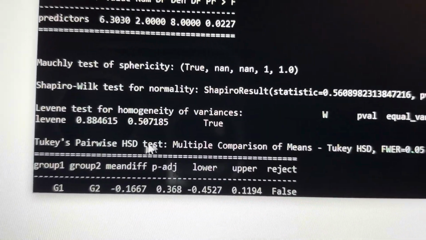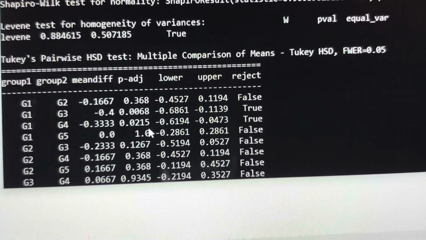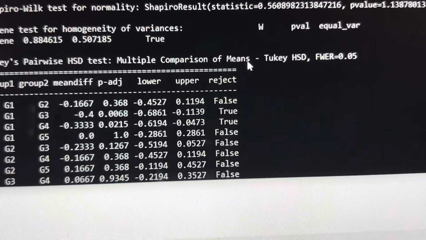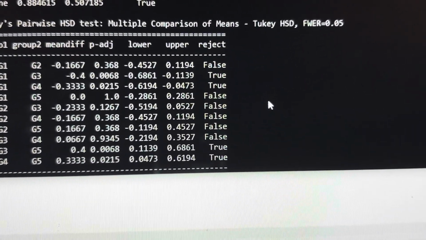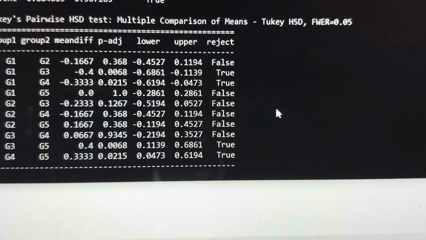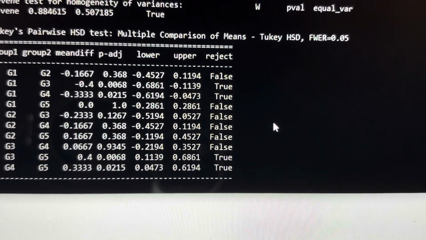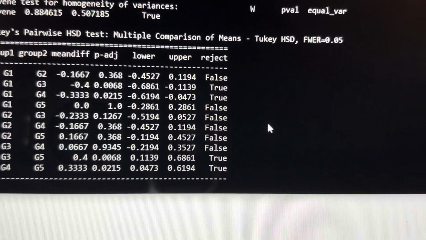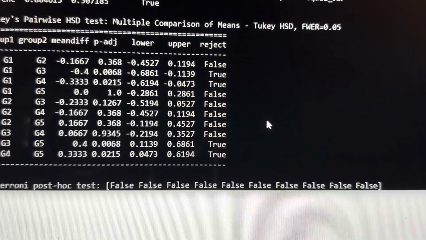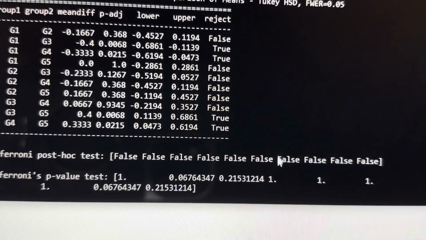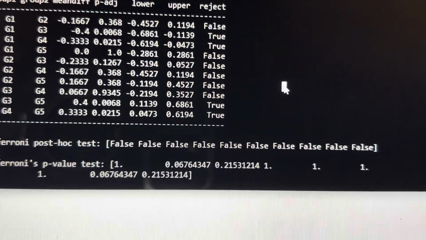Then you have the Tukey's pairwise HSD multiple comparison of means. Some are true, some are false. It compares group 1 to group 2, group 1 to group 3, group 1 to group 4, group 1 to group 5, and also group 2 to group 3, group 2, and so on and so forth.